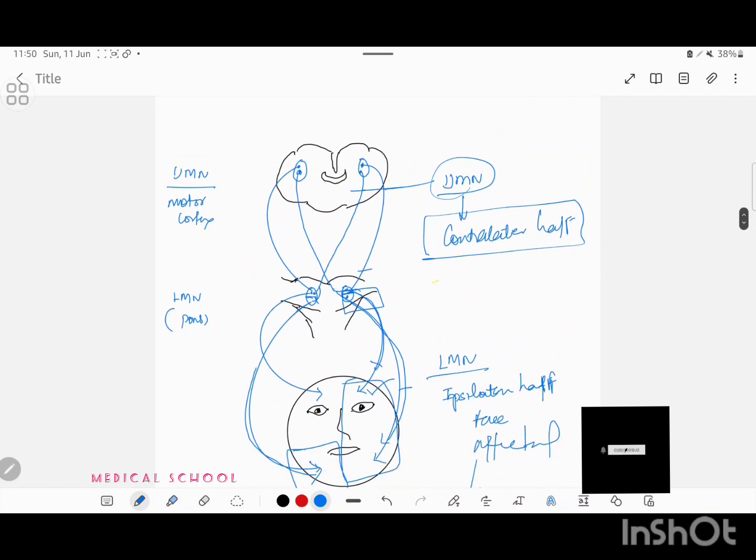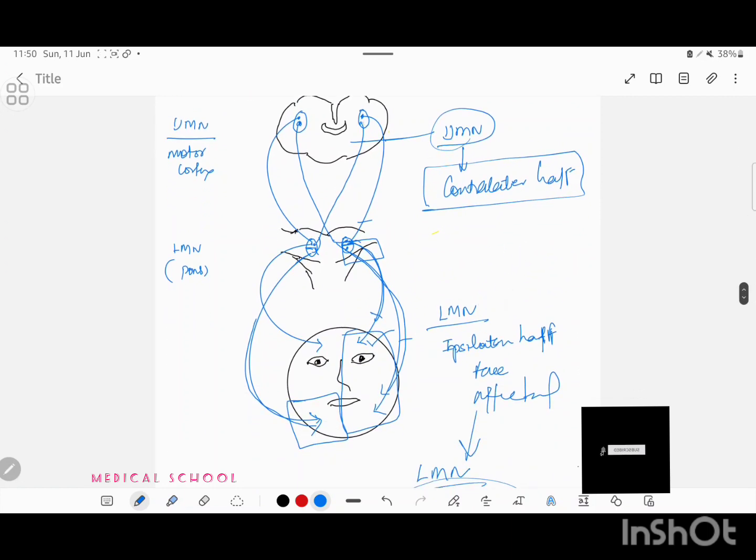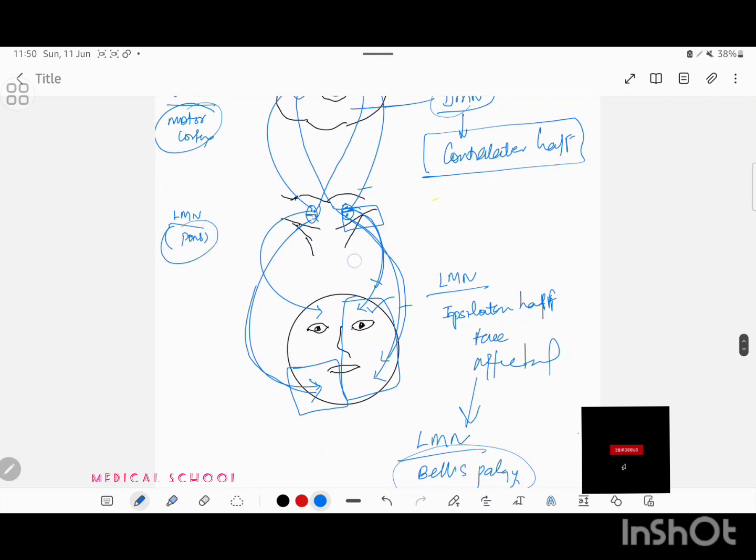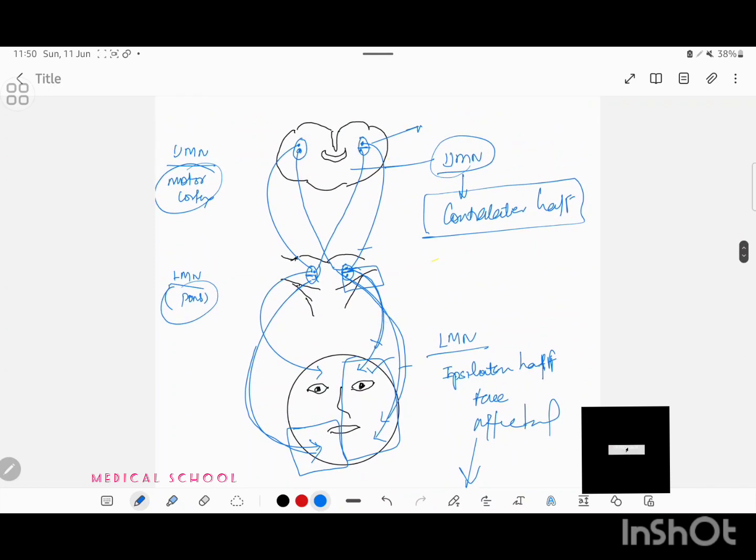So let's revise. The upper motor neuron is present in the motor cortex and the lower motor neuron is present in the pons. The upper motor neuron of the ipsilateral side supplies the ipsilateral upper half of the LMN and the opposite upper and lower half, and the lower motor neuron has a different arrangement.